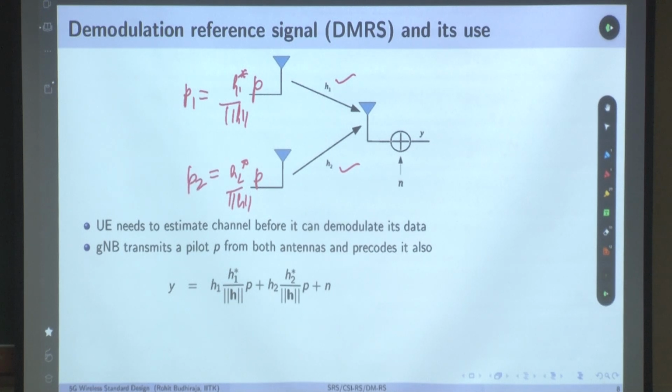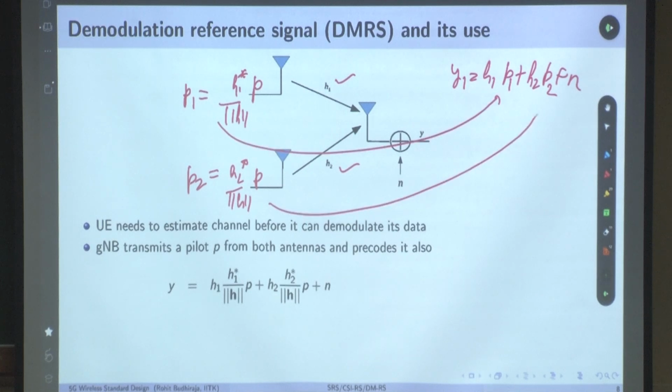What will be received at the user? It will be H1P1 plus H2P2 plus N. P1 is the signal being transmitted from the first antenna, P2 is the signal being transmitted from the second antenna. Now, if you substitute P1 and P2 from here, you get this.